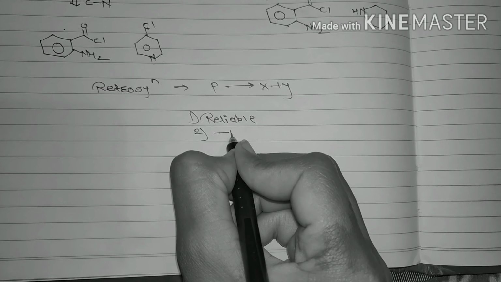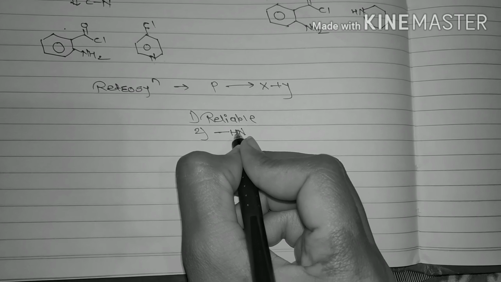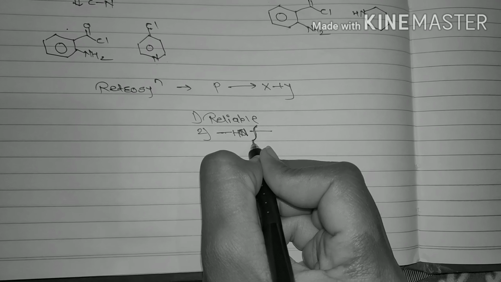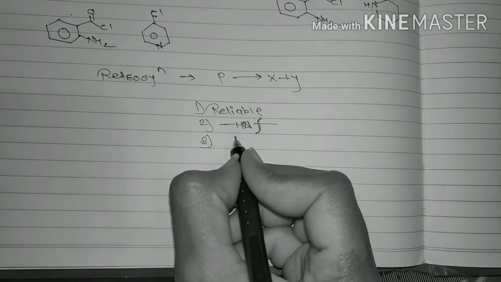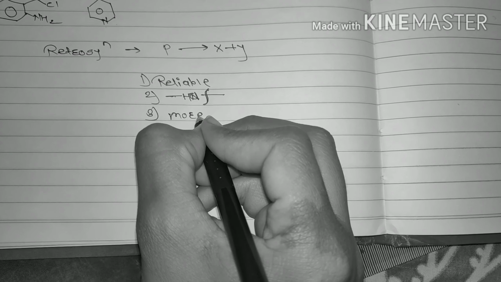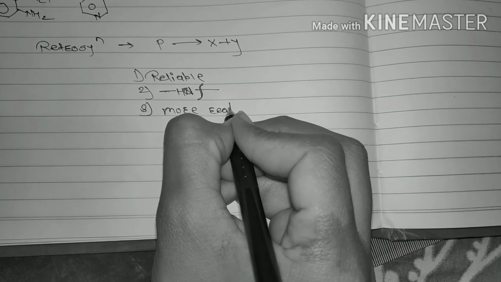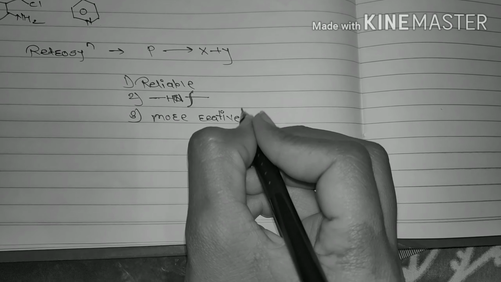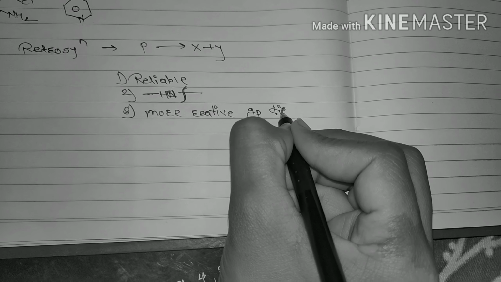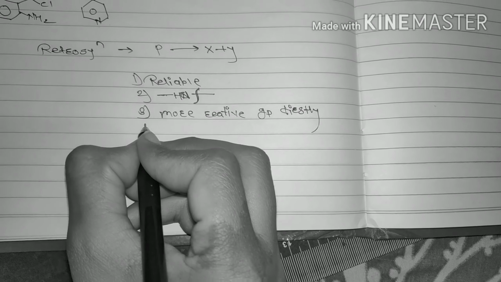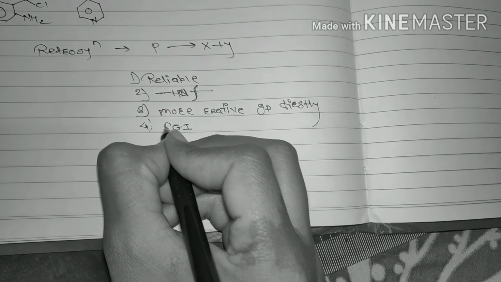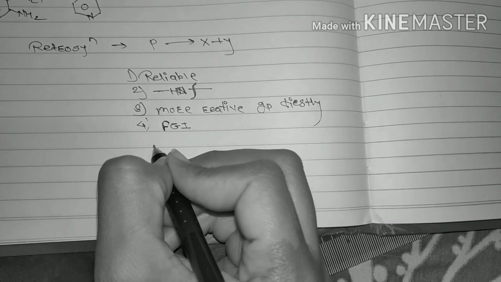Second, if a heteroatom is present, disconnect the next atom to it. Third is the more reactive group: disconnect the more reactive group first. And the fourth is FGI, use FGI.